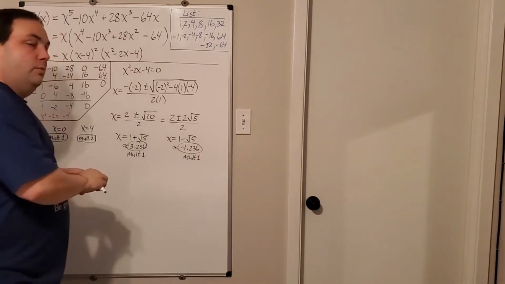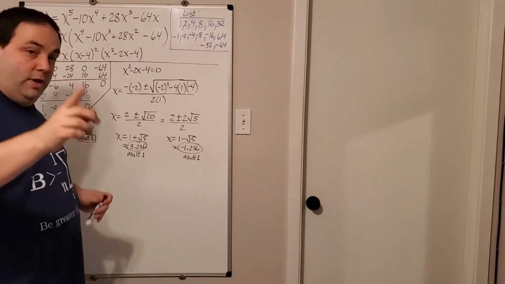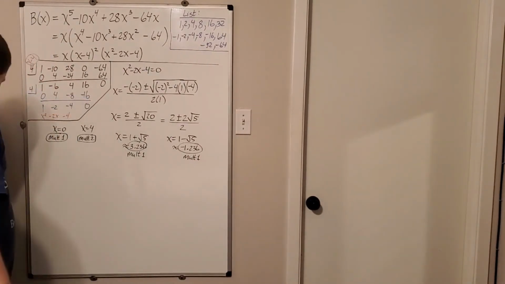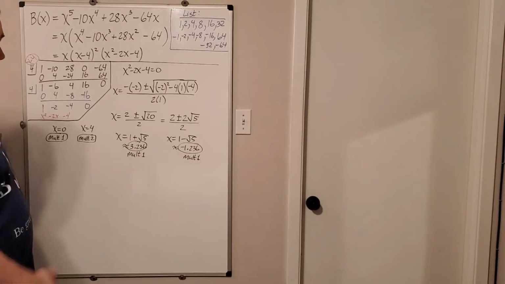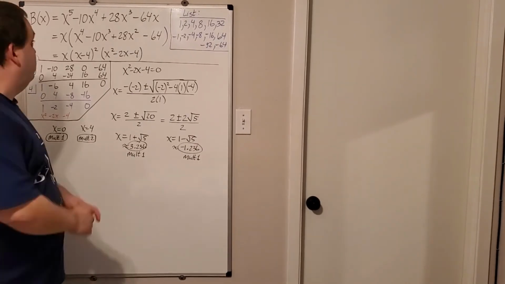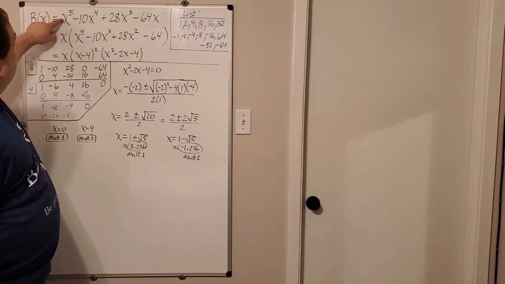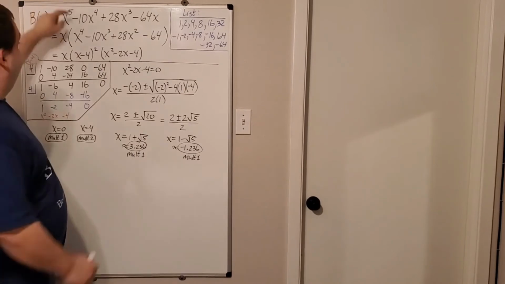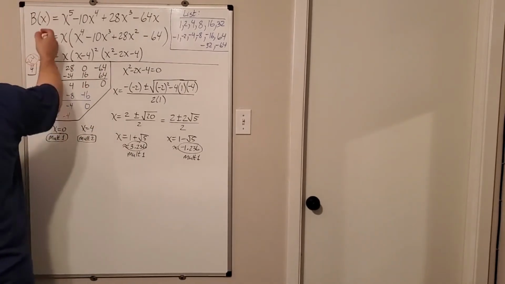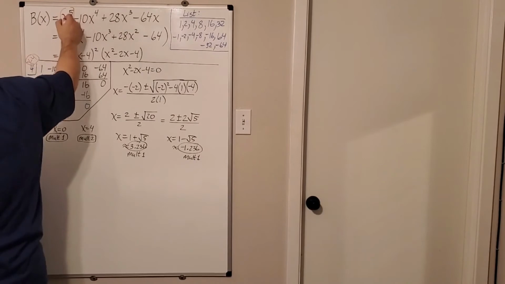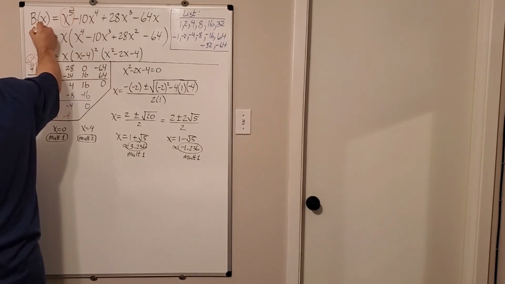Remember, the multiplicities should add up to the degree. And now we've gotten to all of our intercepts and factors. It's time to start talking about that information. Let's double check. Our bus driver from the original problem is x to the 5th. He is positive and he is odd. That means that my endpoints are going to have to be down to up.